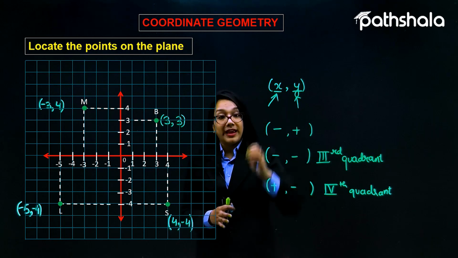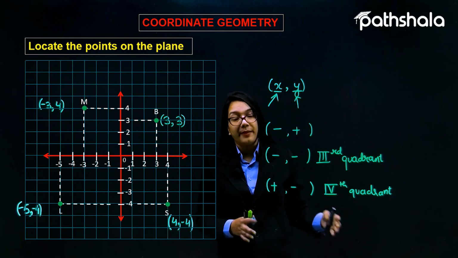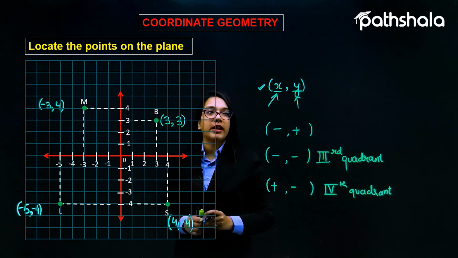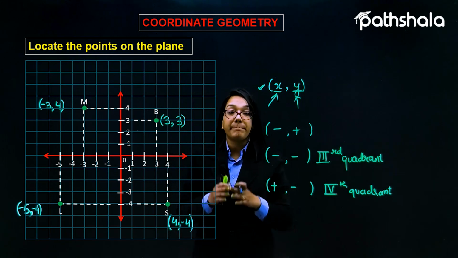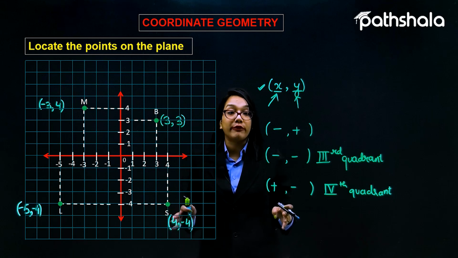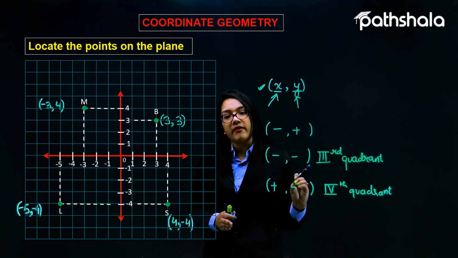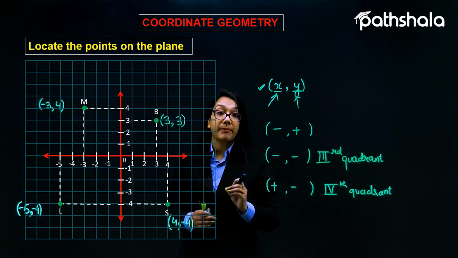We cannot take y comma x; we always take x comma y. The coordinates are of the form (x, y), where x is called the abscissa. Abscissa is the perpendicular distance of a point from the y-axis. Whenever I talk about a distance, the distance is always perpendicular in nature.